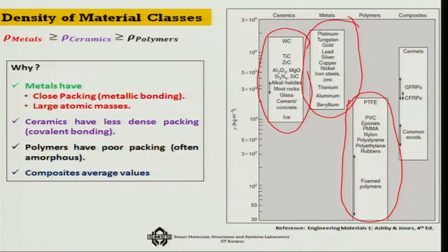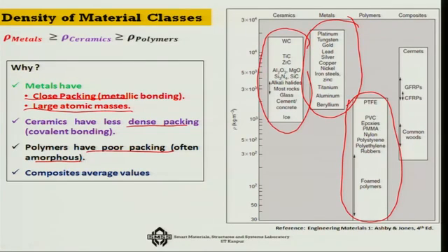That is why we say that metals have higher density, because they have close packing, and also individual atomic masses are generally more. Ceramics have less dense packing in comparison to the metals, and polymers have the poorest packing. That is why they are amorphous, and hence their density is much lower.